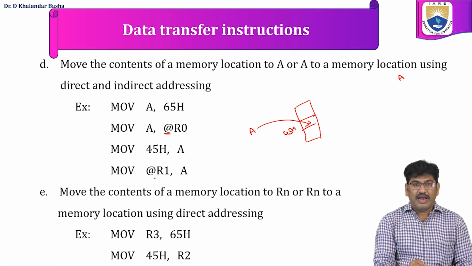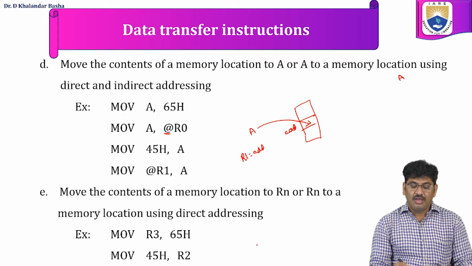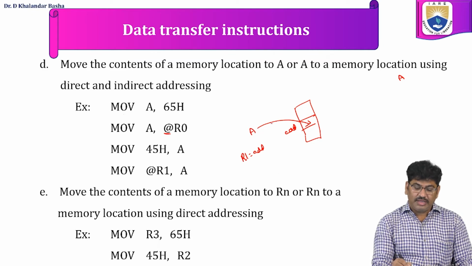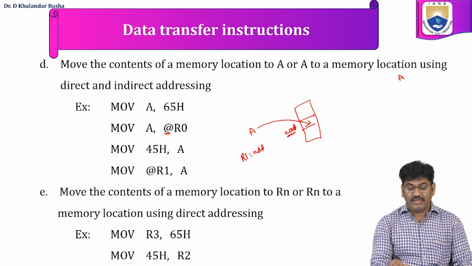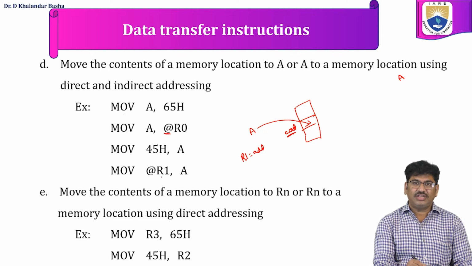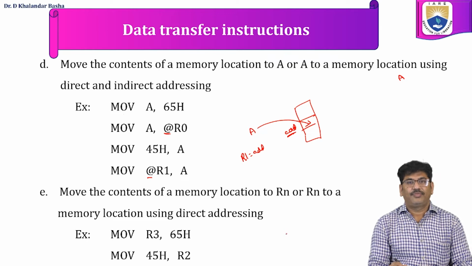Next, MOV @R1, A. Here, the address of the memory location is specified in the R1 register. So the R1 register will have the address. Into this memory location, the accumulator contents will be copied. Here the address is not directly specified in the instruction. Indirectly it is specified. That's why we are using the at symbol.